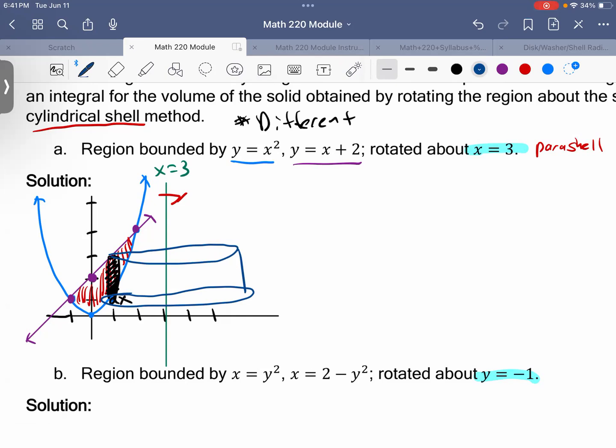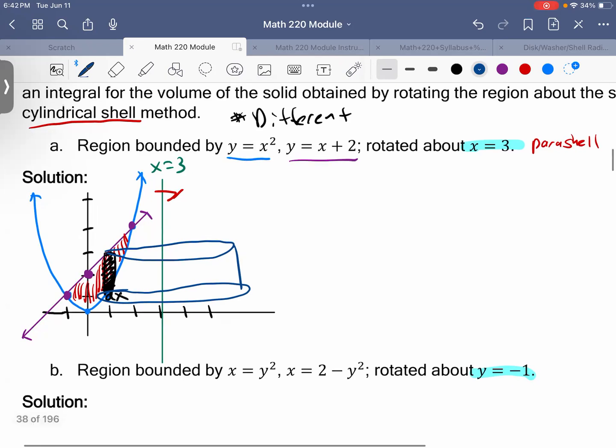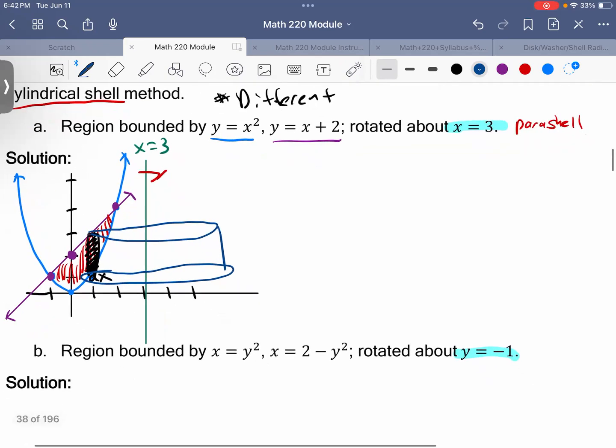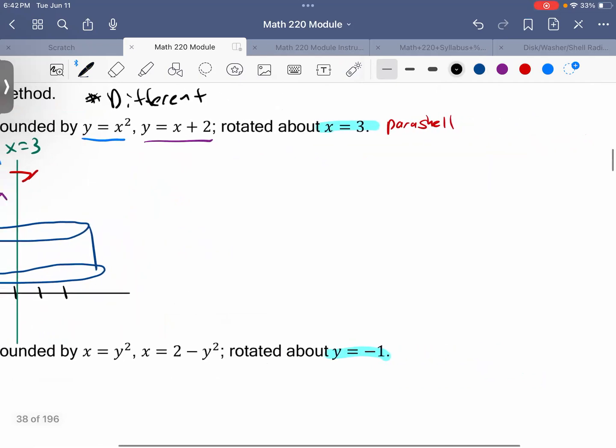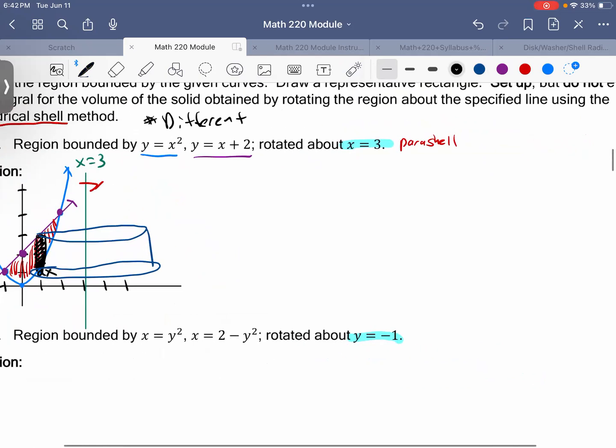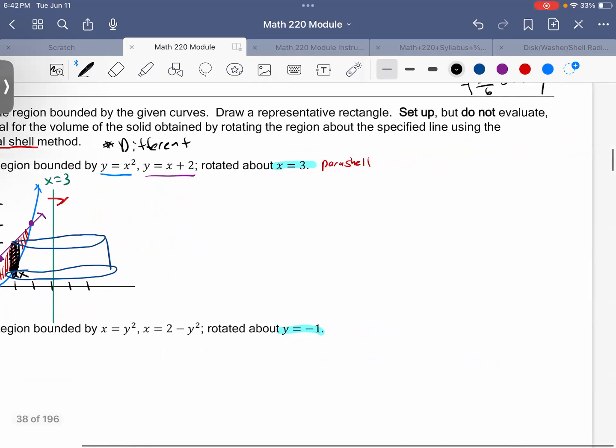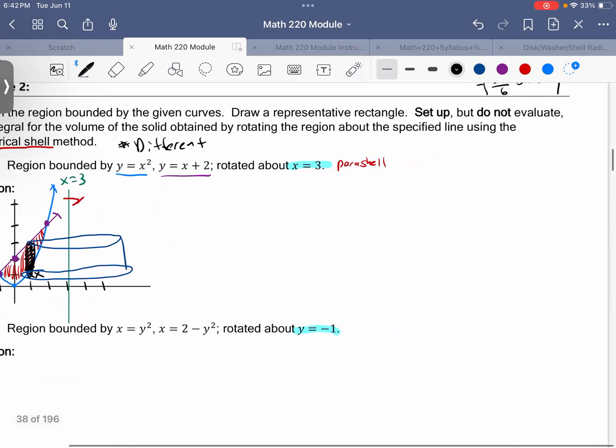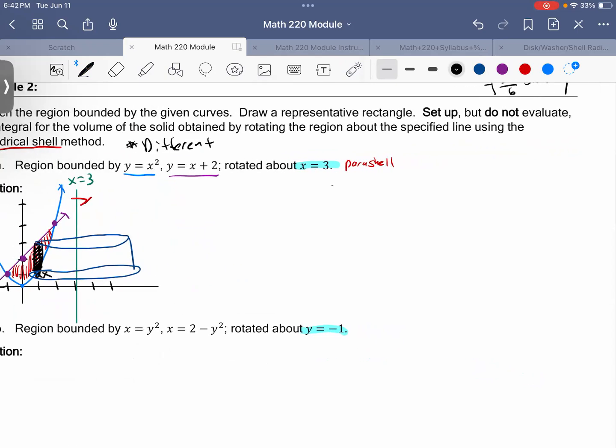Okay, so that is my shell. Remember, the volume of shells is the integral from a to b of 2 pi r h dx. So we got to find the radius and the height.